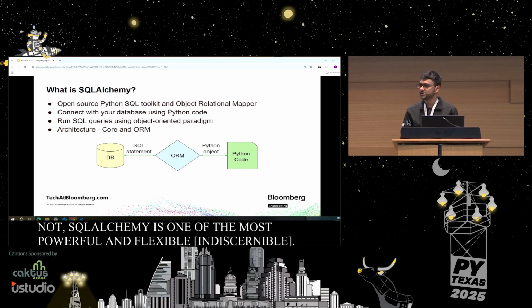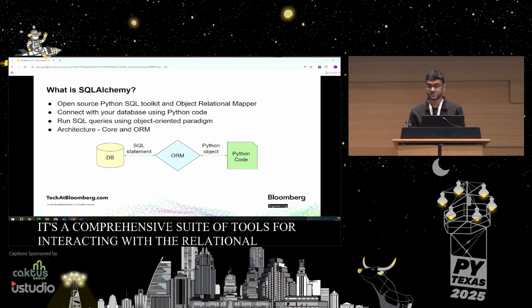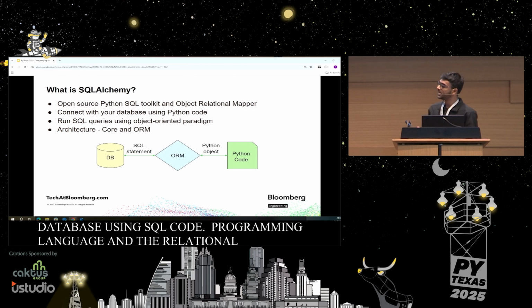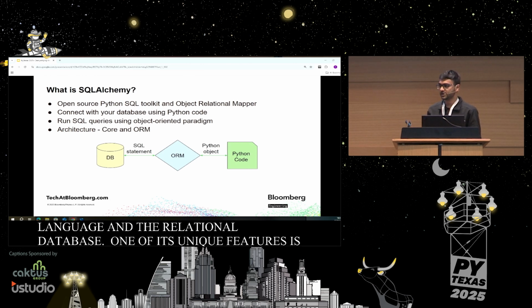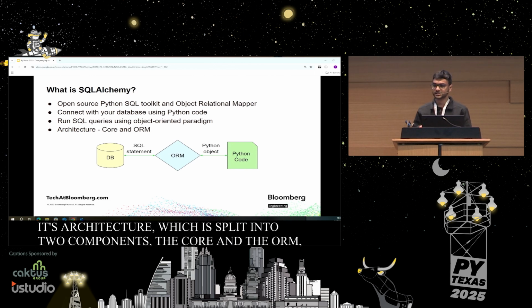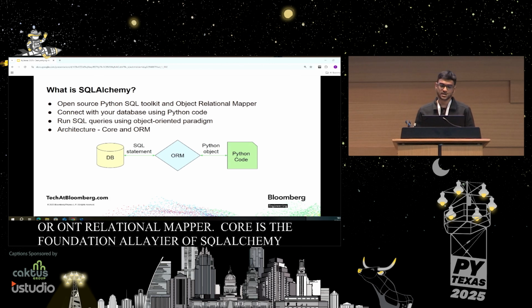SQLAlchemy bridges the gap between an object-oriented programming language and a relational database. One of its unique features is its architecture, which is split into two components, the core and the ORM, or object relational mapper. Core is the foundational layer of SQLAlchemy, which provides a SQL expression language, which is essentially a Pythonic way of writing common SQL expressions and statements.